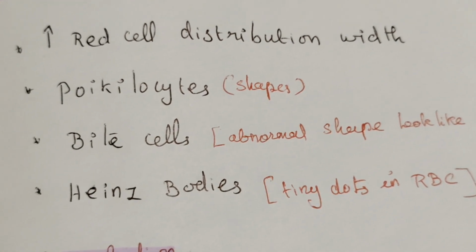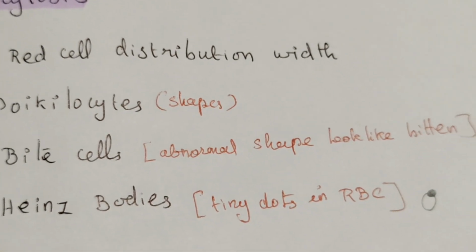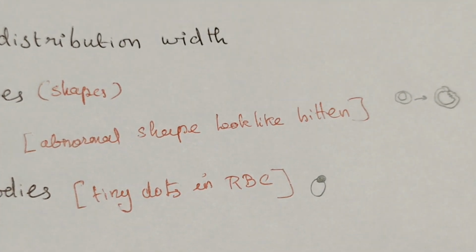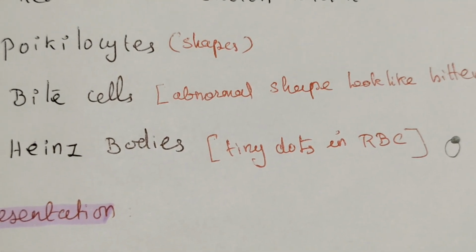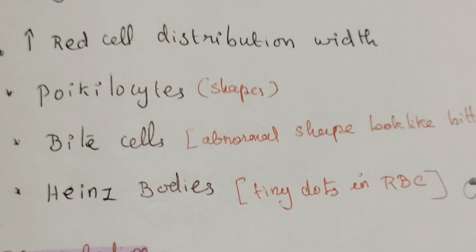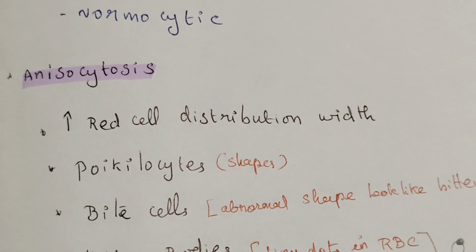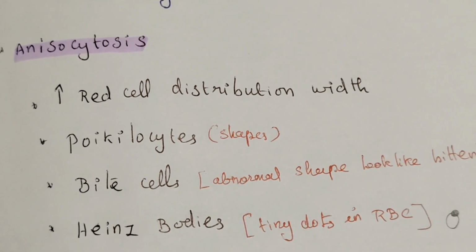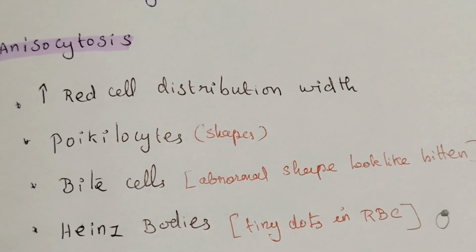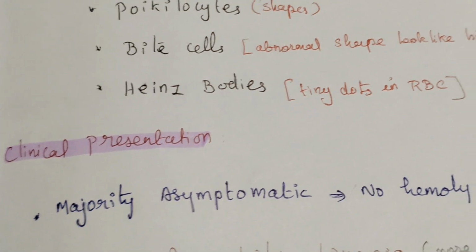Then we can find bite cells, that means abnormal cells that look like a bite. Then we can find Heinz bodies. So three different types of findings: poikilocytes, bite cells and Heinz bodies.